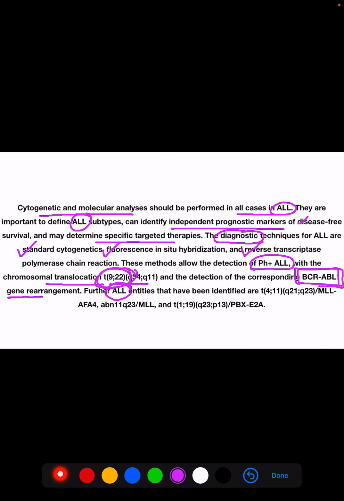So these are t(4;11) MLL-AF4, and we also have t(1;19) PBX1-E2A. So these are the further ALL entities.